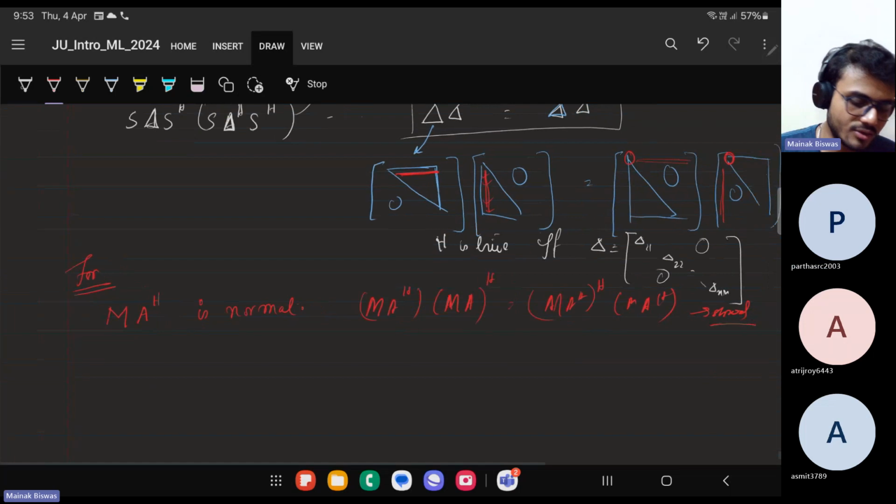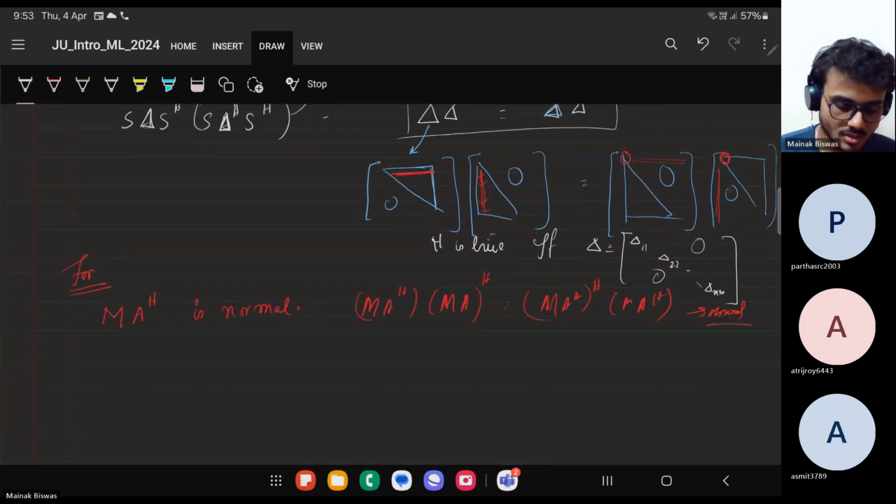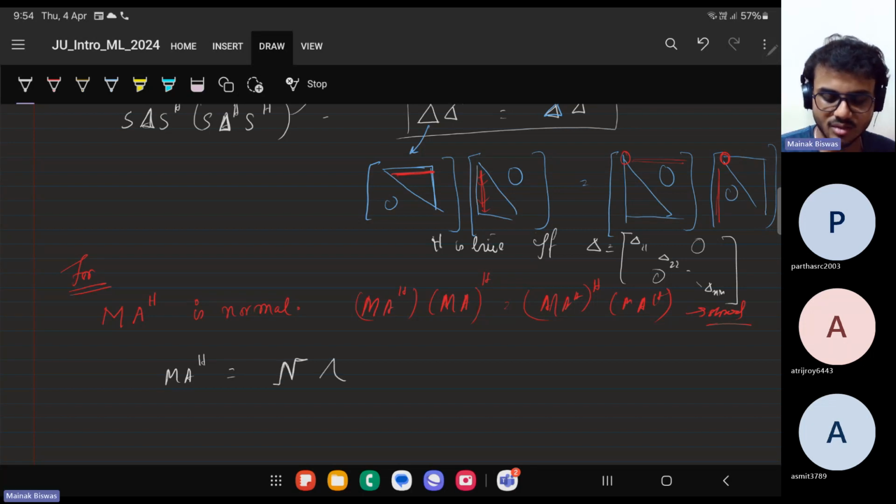But if it is normal, what will happen? If it is normal, I will get one solution, right? Let us denote it by some n matrix, some diagonal matrix and n Hermitian matrix, right?